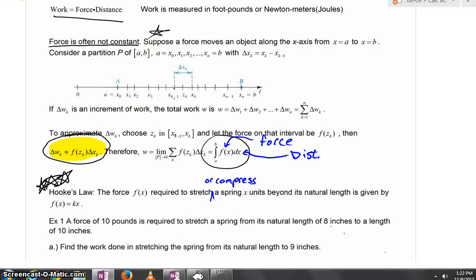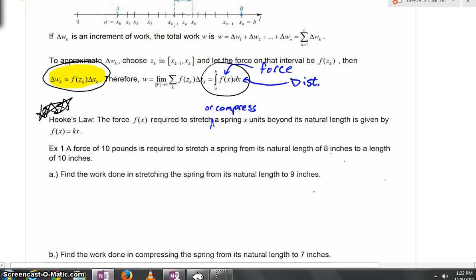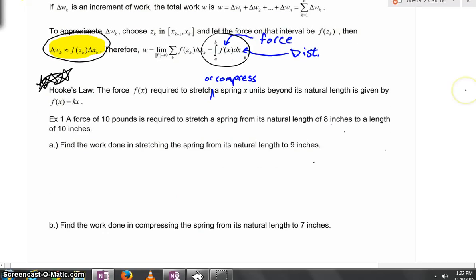Just two little problems, but first, one of the most famous formulas in science and in math is Hooke's law. Hooke's law is applicable to springs. Hooke's law says that the force required to stretch or compress a spring.